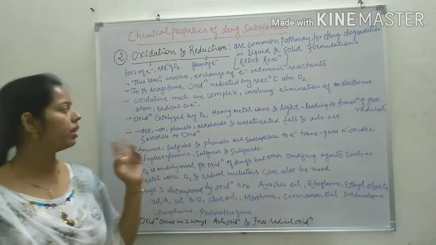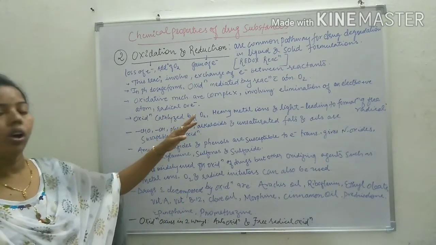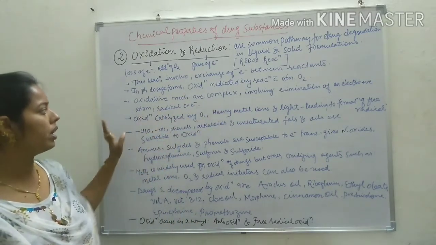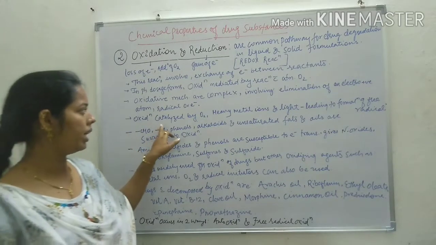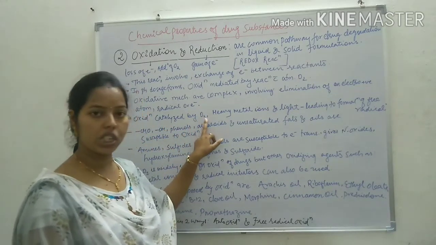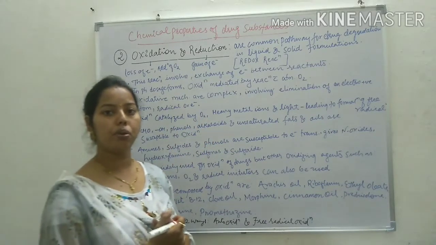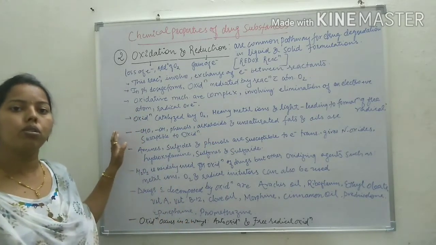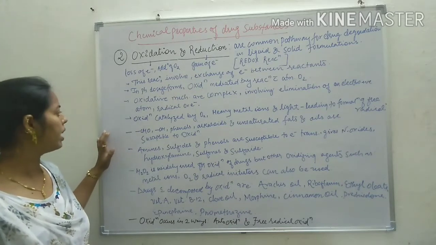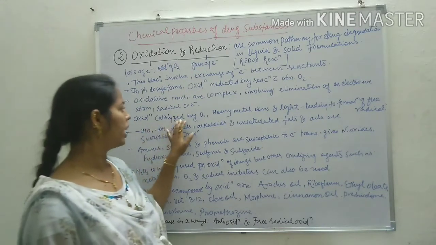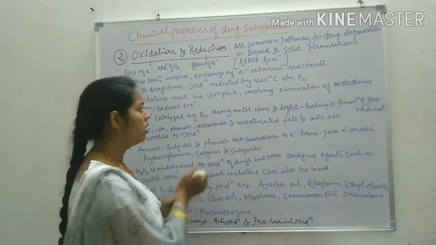By the loss of electron, the oxidation process can take place. Oxidation is catalyzed by oxygen. If there is oxygen present in the product, then the substance or the final product could be oxidized.